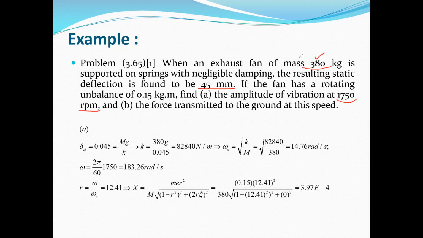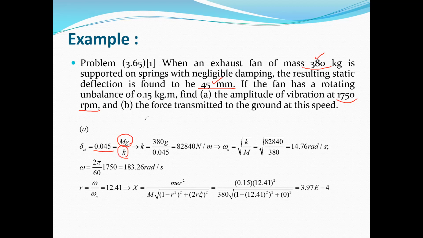acceleration, and it's equal to 9.8. And the deflection is 45 millimeter. We should convert it into meter, and then we can calculate the stiffness of the system. So the static deflection, which is 45 millimeter divided by 1000, is equal to the weight of the system divided by k.